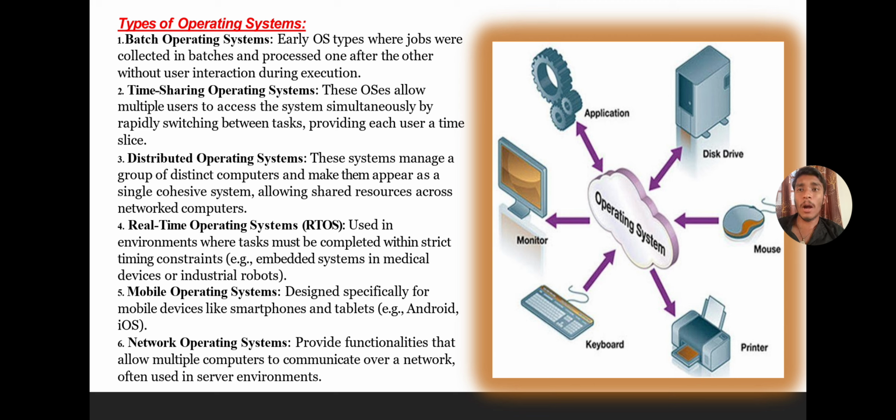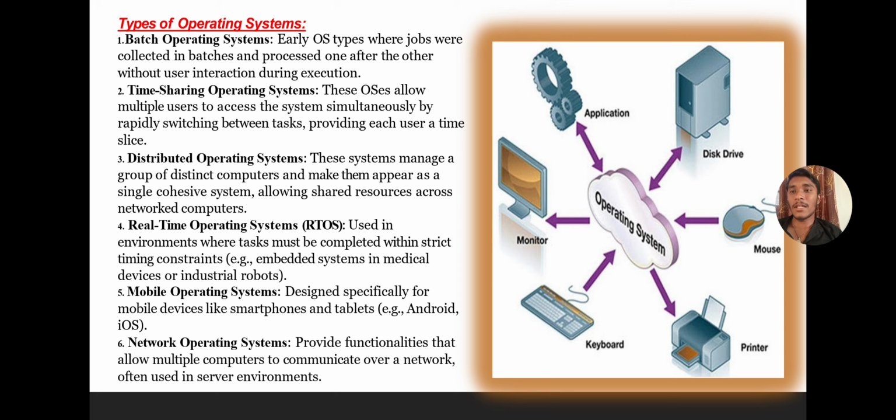Then distributed operating system. These operating systems manage a group of distinct computers and make them appear as a single coherent system, allowing shared resources across the networked computers. Then real-time operating system, RTOS, used in environments where tasks must be completed within a strict time constraint.